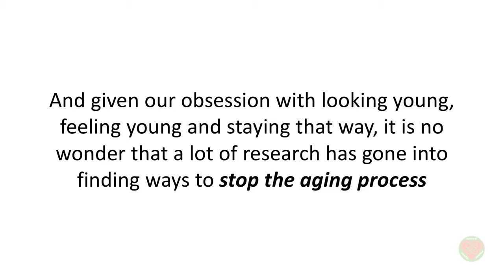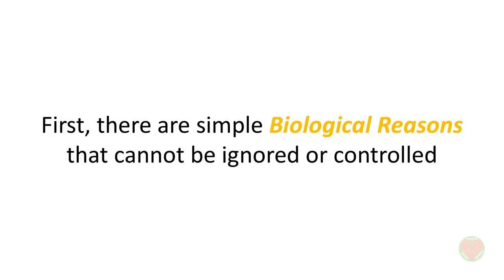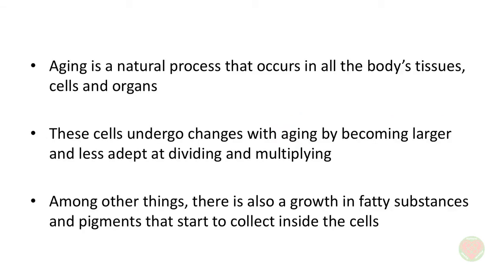But before you can actually do the right thing to reverse aging, you need to get an idea of what is causing the change. First, there are simple biological reasons that cannot be ignored or controlled, more like inevitable. For instance, aging is a natural process that occurs in all body tissues, cells, and organs.